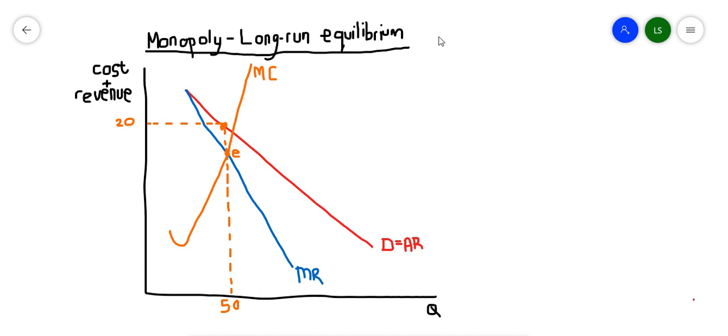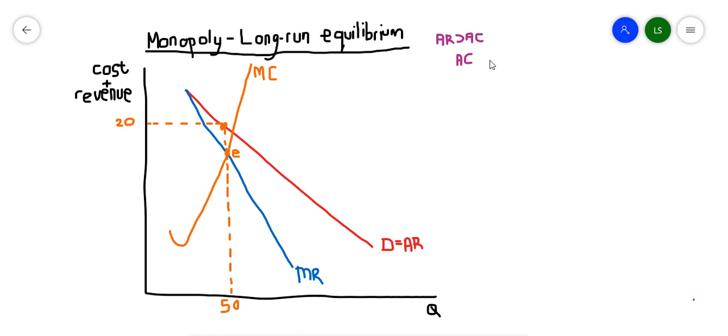So when we draw an economic profit, we know economic profit means that my average revenue is going to be higher than my average cost. Okay, or your total revenue is bigger than my total cost. But on the graphs, we don't have totals, we have averages. All right, so this means that I'm going to draw my average cost curve.